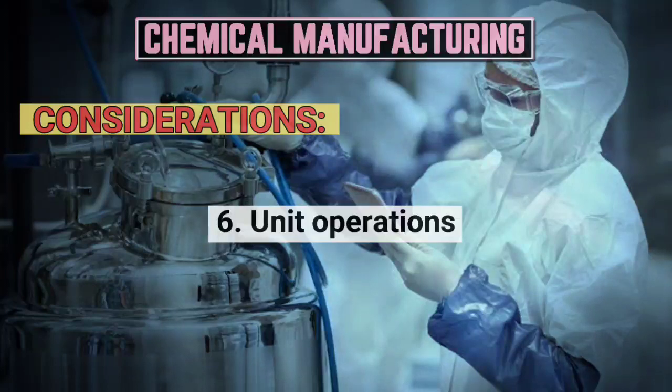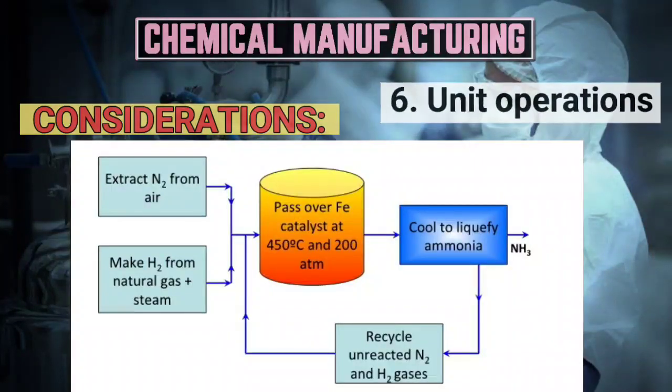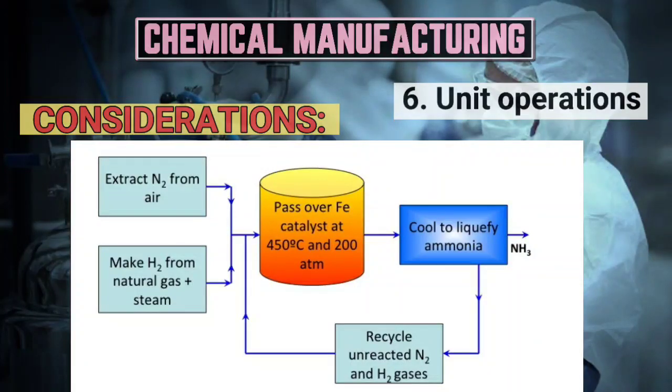We can see that in the production of ammonia, where some of the excess or unwanted materials are recycled back into the system. That's talking about the unconverted reactants.